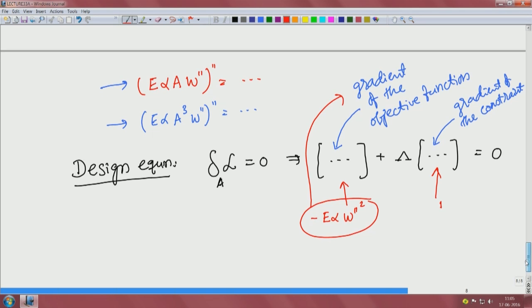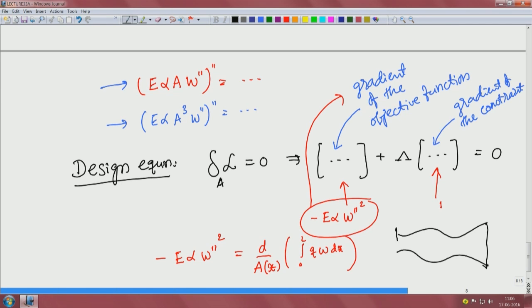So, let me reiterate that: in this problem, as it will happen in any problem, what is in the parenthesis, E alpha W double prime square, is the derivative, with respect to a of x at any value of x, of the objective function, which is the integral 0 to L of q w dx. And this has to be understood really well, because you have an expression to say what happens. I have a beam, let us draw a beam profile, let us say that is optimum, somebody has told you it is optimum.